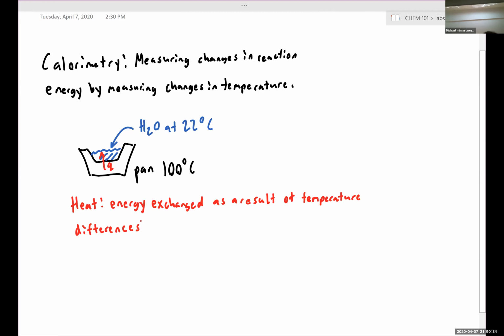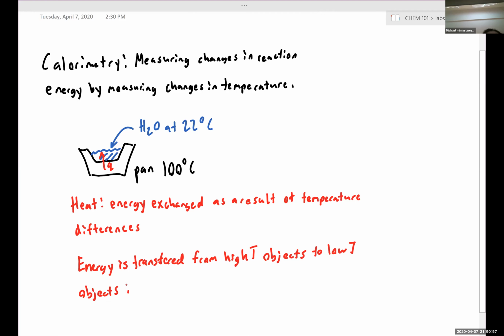Okay, and energy is transferred from the high temperature object to low temperature objects in thermal contact. So heat is the energy exchange as the result of temperature differences.